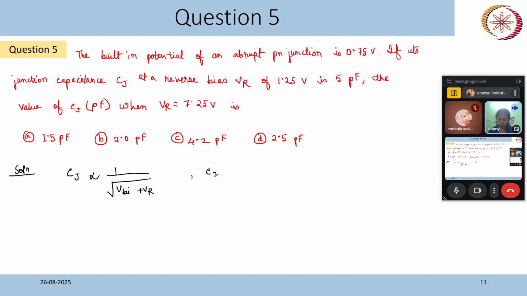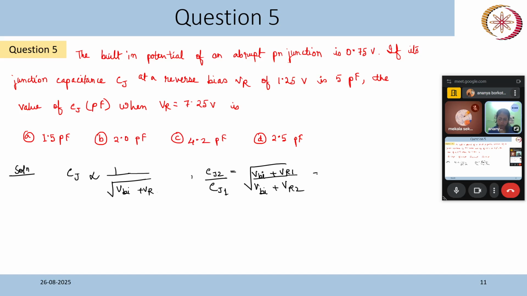Our second junction capacitance by first junction capacitance will be the square root of VBI plus VR1 by VBI plus VR2.